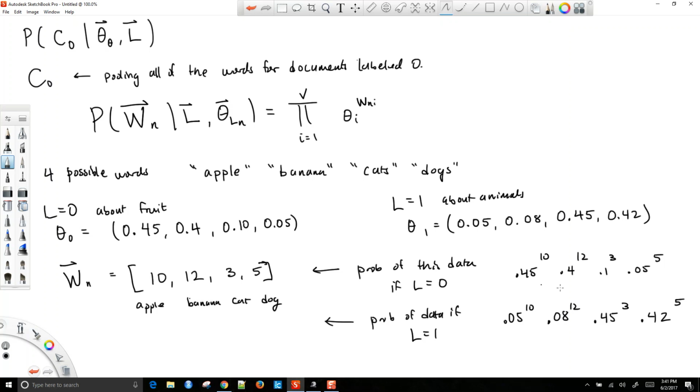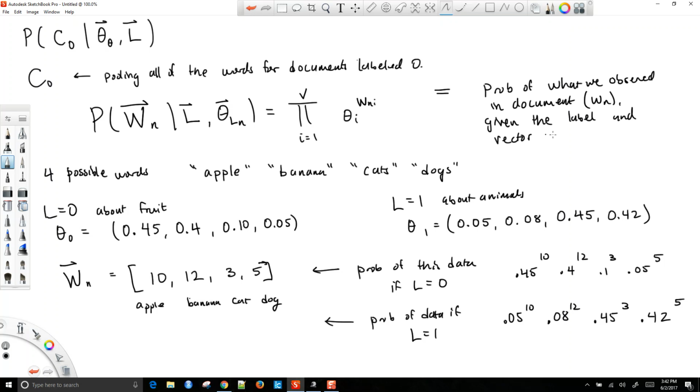Okay, so here this is the probability of what we observed in our document, which is W sub n, a vector W sub n, given the label and the vector of probabilities for words.